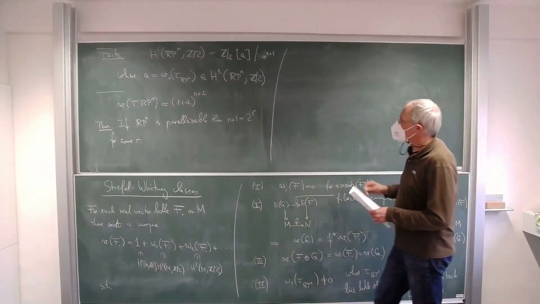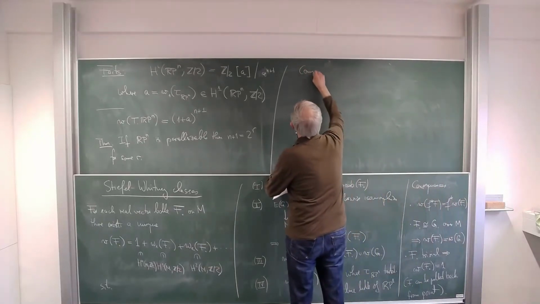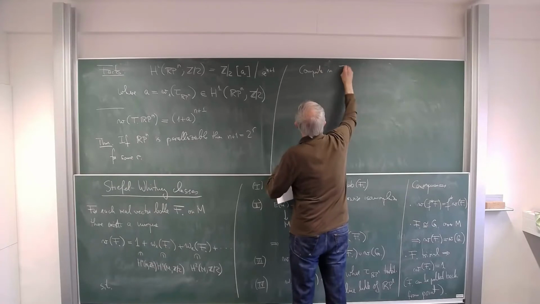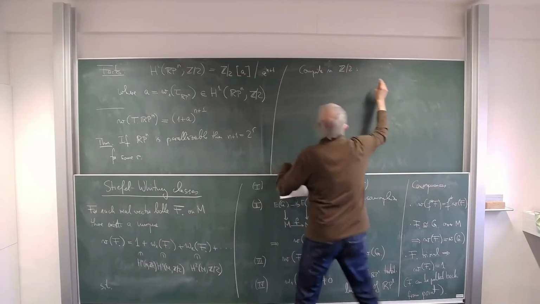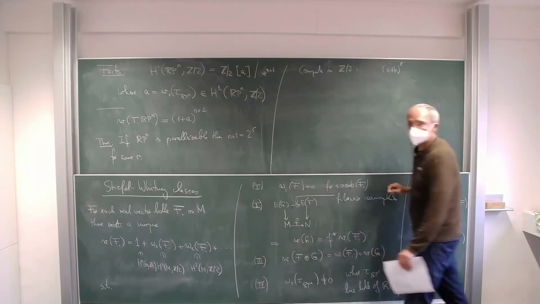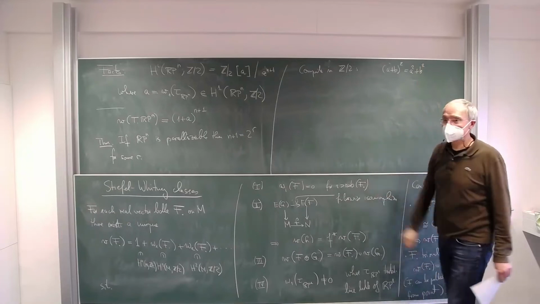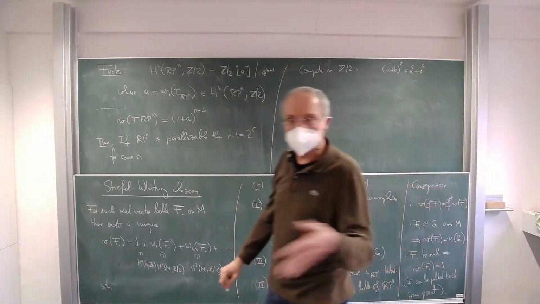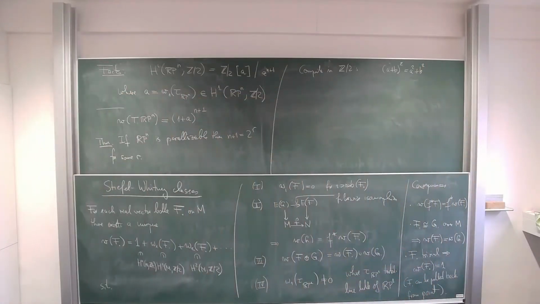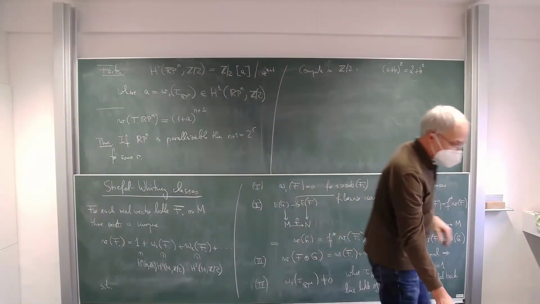Okay, so we do a computation in Z modulo 2, always. And for example, if we take the sum of two elements and square it, then this is a squared plus b squared, because the mixed term is 2 times something, which is 0. So this is probably a common mistake that the students make in the first semester, but here it's actually correct, right? So the squaring operation is a linear map.